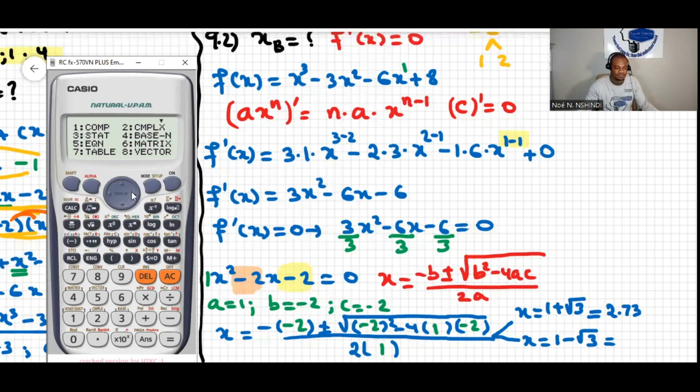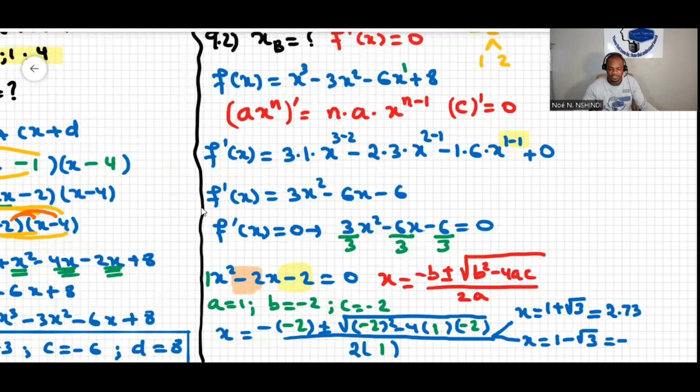I pressed the wrong button, but I know this is going to be negative 0.73, because the square root of 3 is about 1.73, and 1 minus 1.73 is negative 0.73.